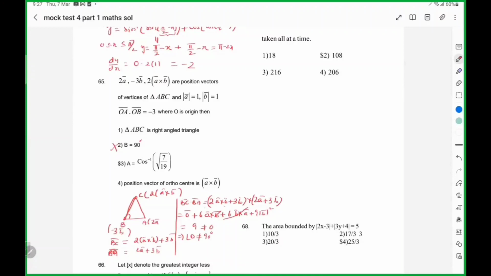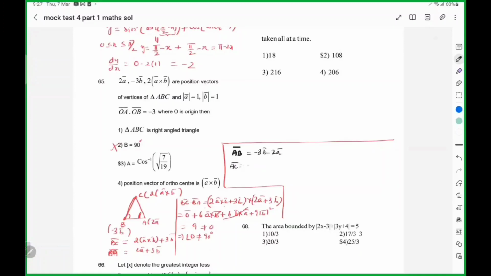Now let us find the angle at A. I will take some space here. AB is OB minus OA, which is minus 3B minus 2A.